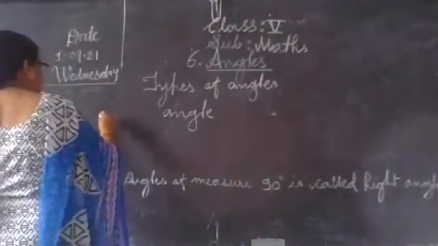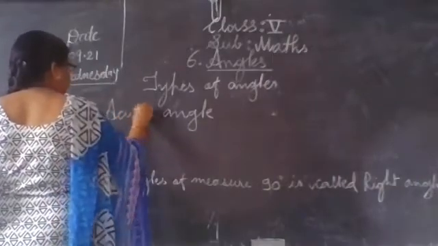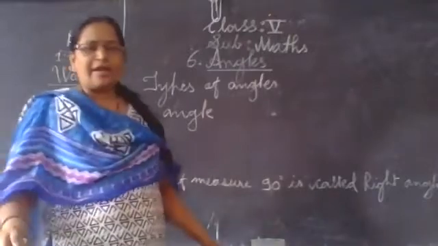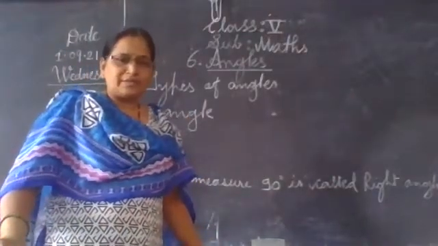Acute angle. Acute angle means angles whose measure lies between 0 and 90.